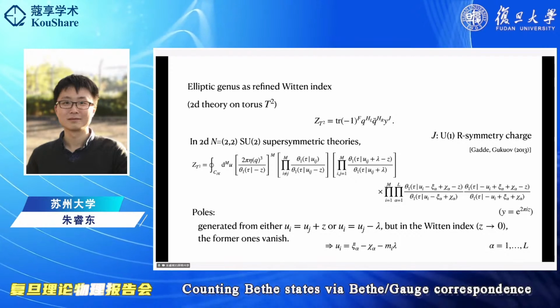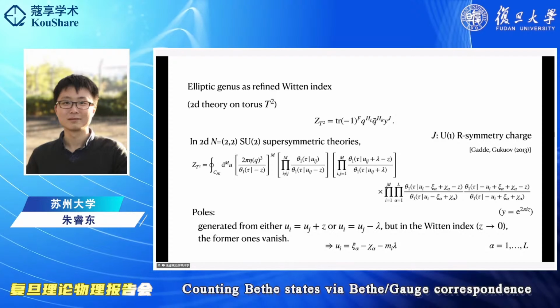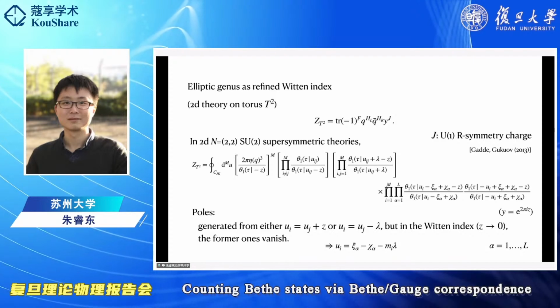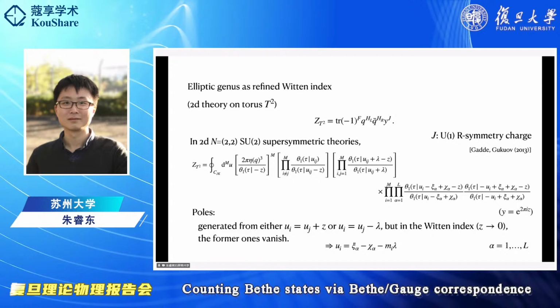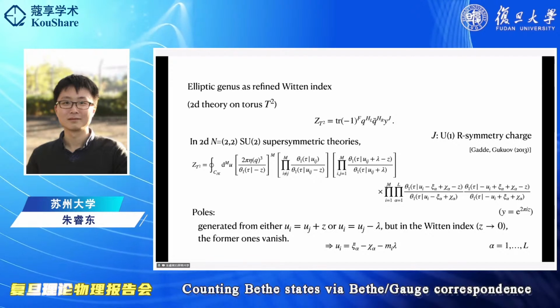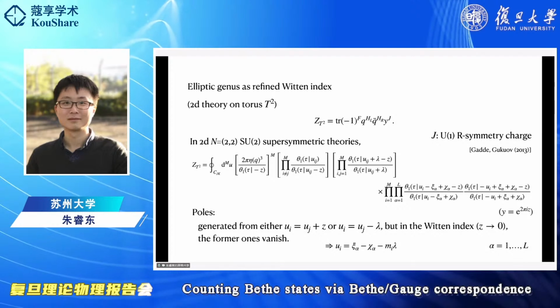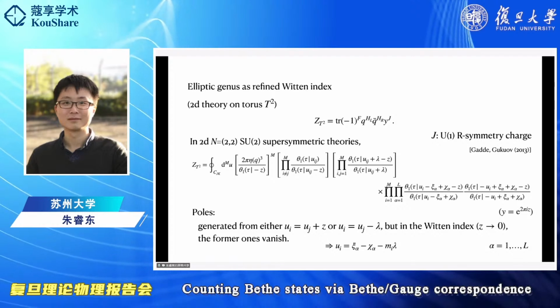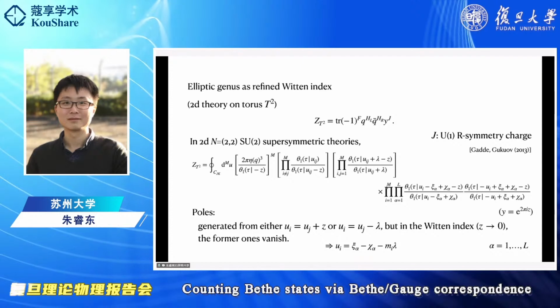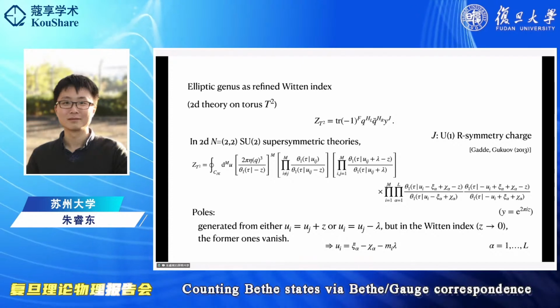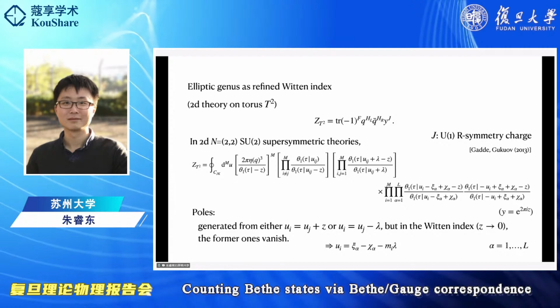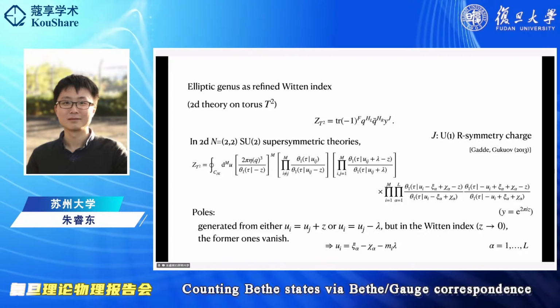So the most important thing is that we can take some limit. We can take, for example, this z going to 0 limit, or this y going to 1 limit, because if we take y to be 1, this will be just the Witten index, and we will see that the Witten index is just counting the number of poles in this formula.